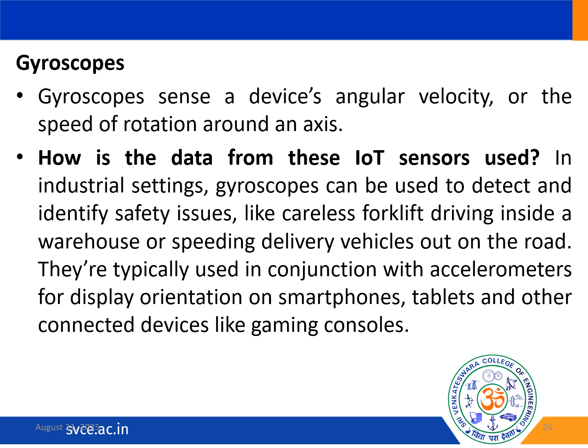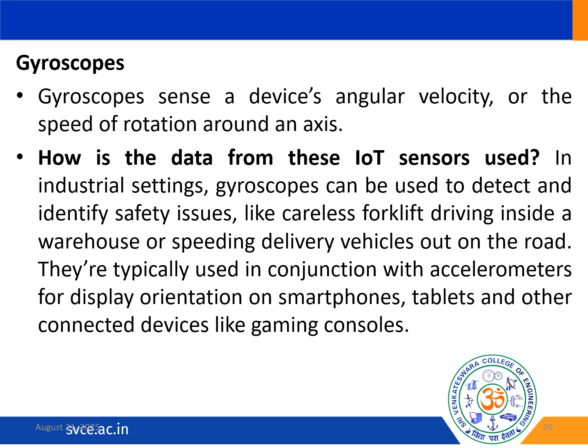So next we'll move on to gyroscopes. Gyroscopes are very common sensors used in IoT. To enhance safety and the user experience, we use gyroscopes to monitor the angular velocity. It senses the angular velocity, which is nothing but the speed of rotation around an axis.